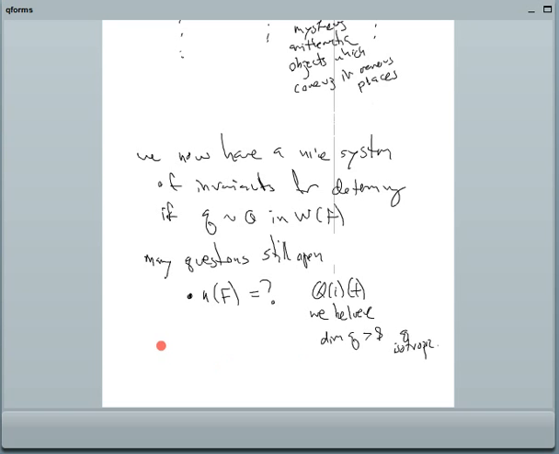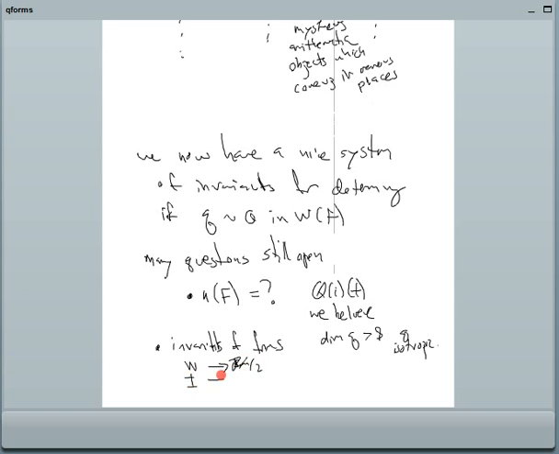So there's this question about the u-invariant, and then there are still more questions about invariants of forms. For example, we understand that there's this sequence of invariants. First, you go from the Witt group to the dimension mod 2, to Z mod 2.